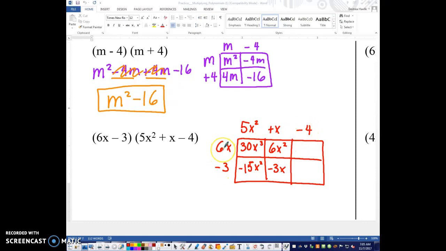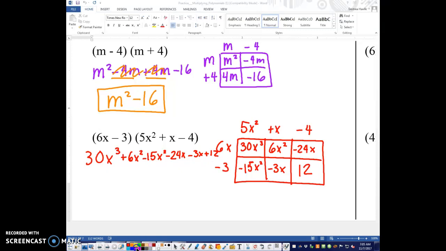Negative 4 times 6x is negative 24x. And negative 4 times negative 3 is a positive 12. So we have 30x to the third plus 6x squared minus 15x squared minus 24x minus 3x plus 12.